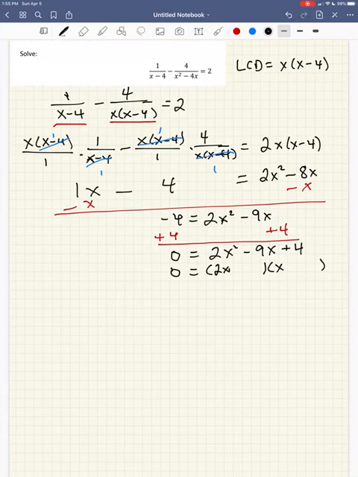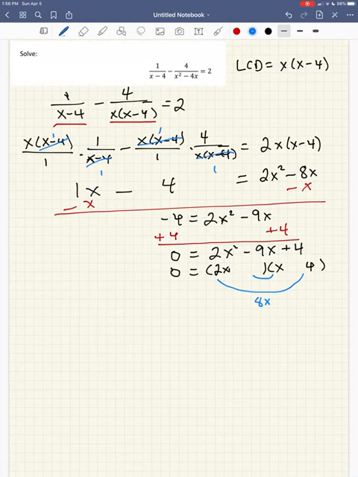And it's going to have to either be 4 times 1 or 2 times 2. Since they're both going to be plus or both going to be minus, they're going to add together to equal that middle. And so I noticed that if I would have the 4 times the 2, that would give me 8, which is pretty close to 9. So I might try putting the 4 over here so that when we multiply the inside and the outside, the 4 times 2x is going to give me 8x.